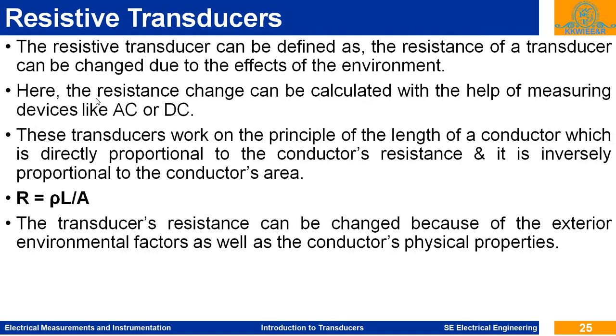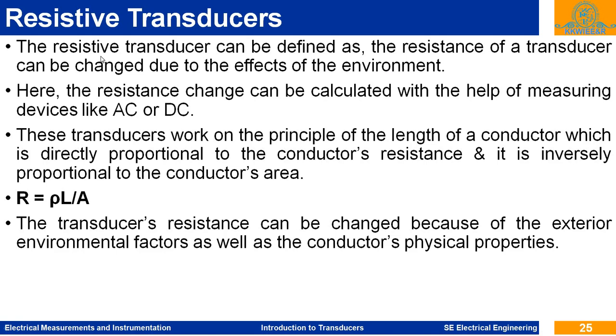Then based on this transduction principle, now we see how the resistive, inductive and capacitive transducers work. The resistive transducer can be defined as a transducer whose resistance can be changed due to the effect of the environment, or the surroundings.